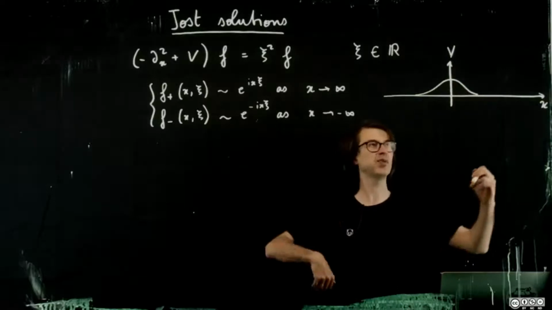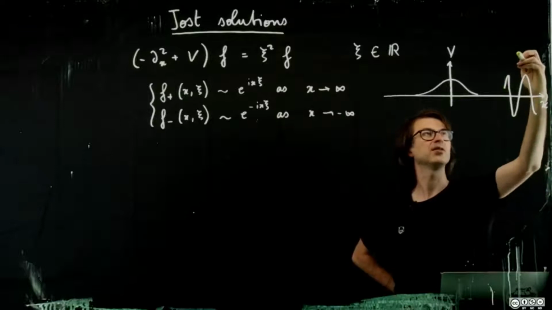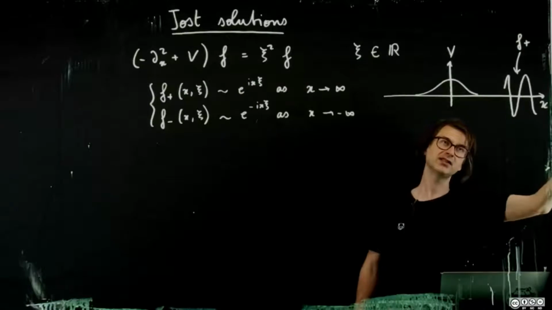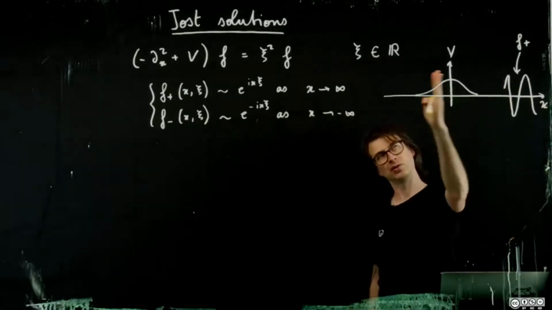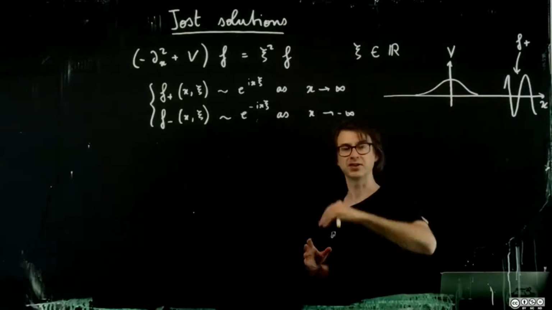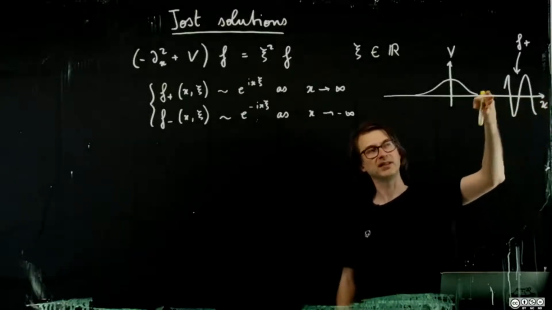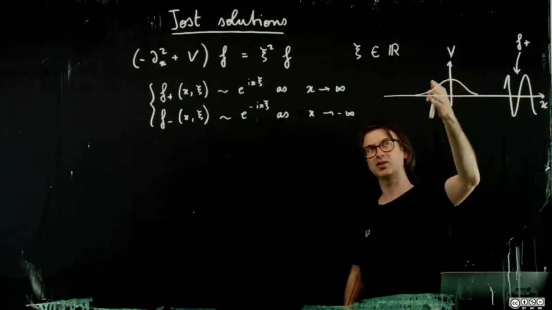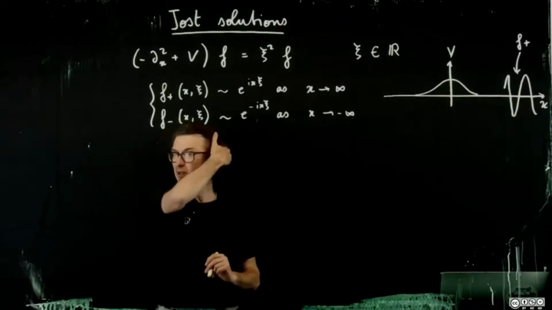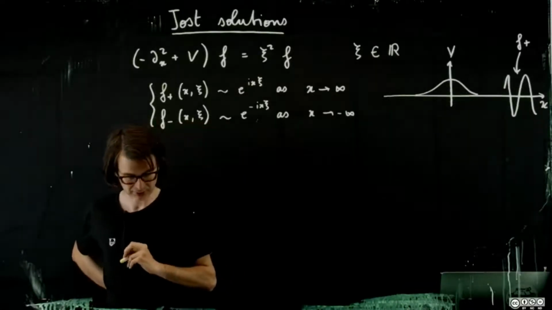And then if you look at f plus, you prescribe a certain oscillatory behavior at plus infinity, and then you prolong the solution to the left, and you see what happens when it crosses the potential, right? Or in physical terms, it's like a wave which is propagating in the absence of a potential, and when it sees the potential, something happens. So the important thing is given by the transmission and reflection coefficients.